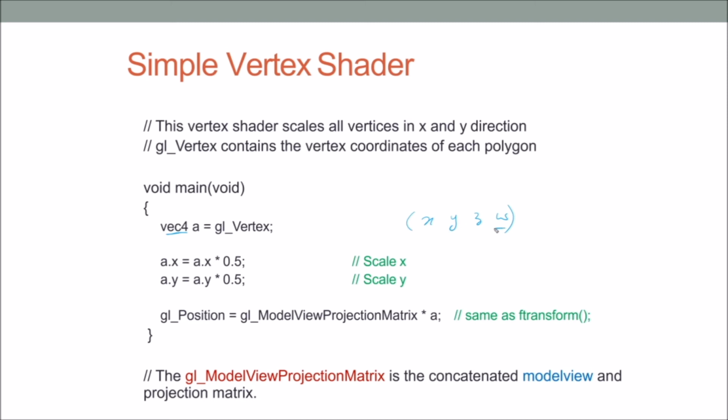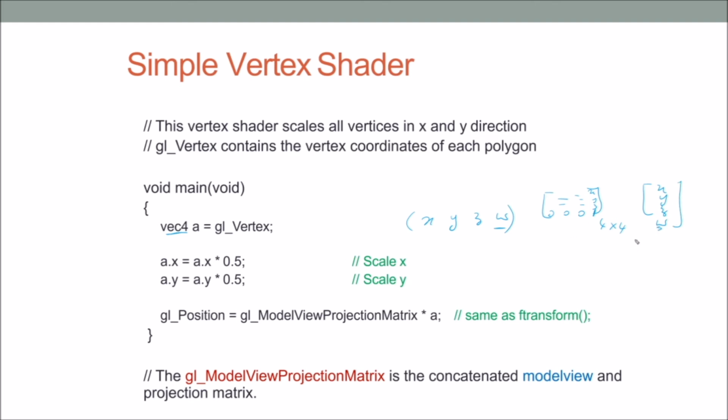Remember, this w comes in when you want to use a 4 by 4 matrix. So we introduce something called the homogeneous coordinate system, which is this one right here, and the rest is x, y and z. If you want to multiply this by x, y and z, obviously you need something else as well, so that is the w part which comes into play.